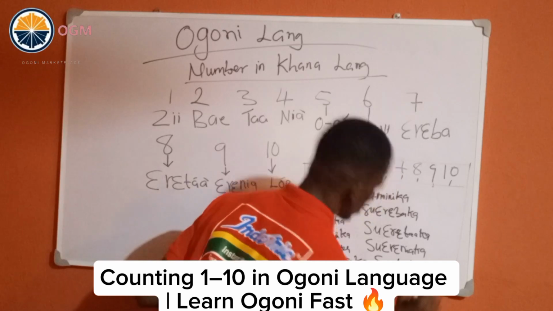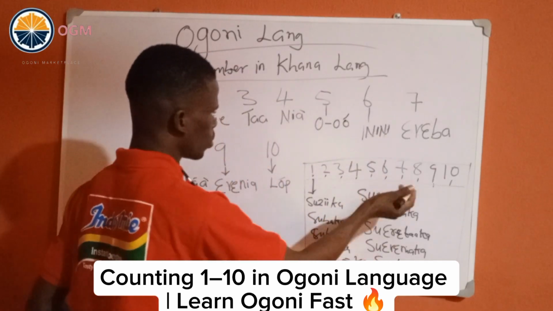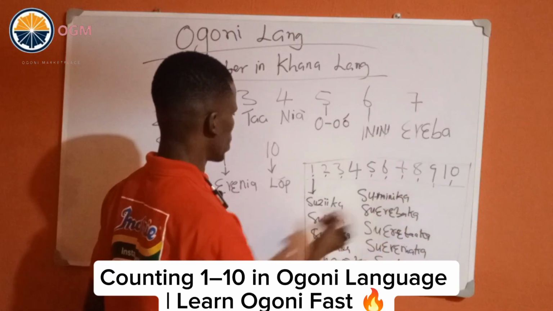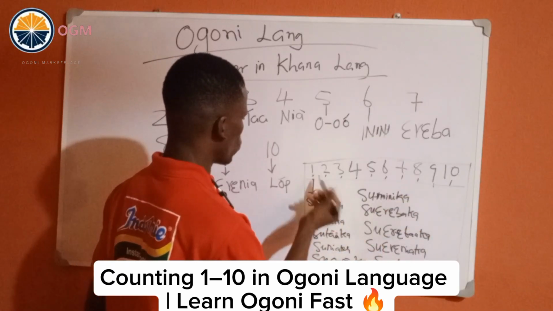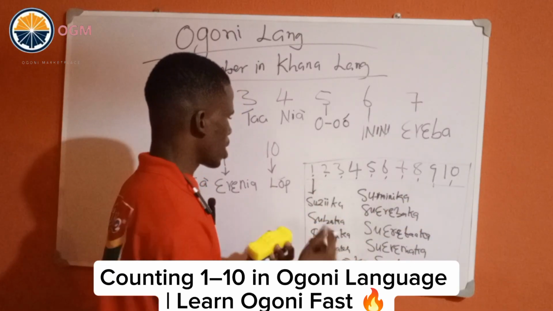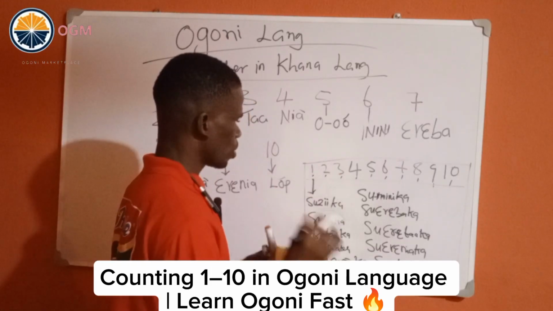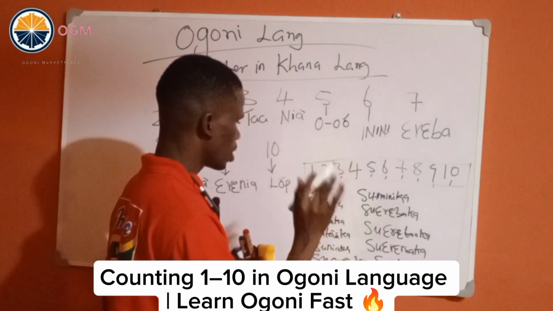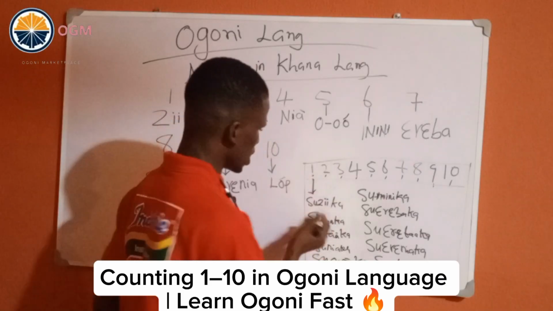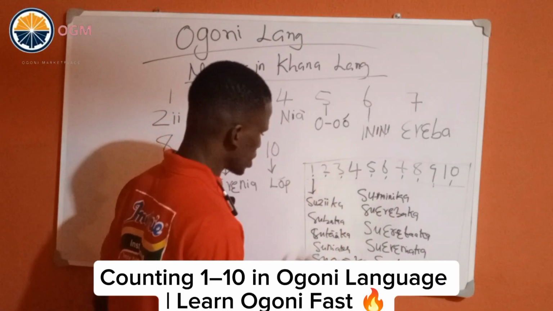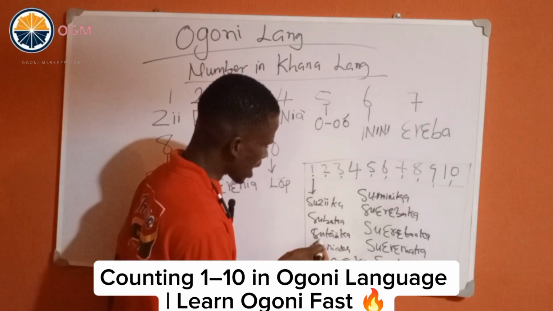So this is just a simple way to use numbers in Ogoni. If it is one thing, for instance, you want to bring one item for you, or you are telling somebody to collect one, you tell the person suzinka. If it is 2, subaika. If it is 3, sutaka.